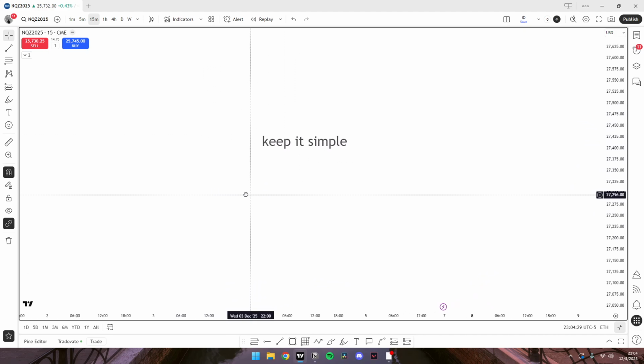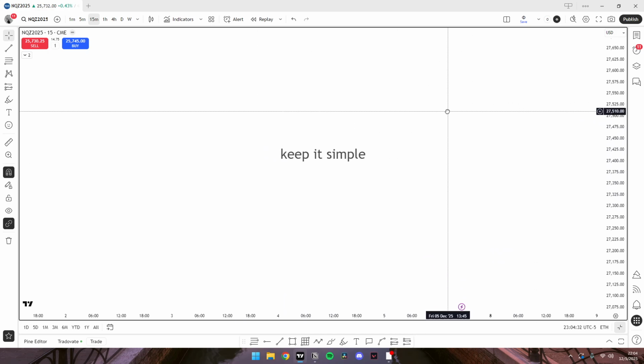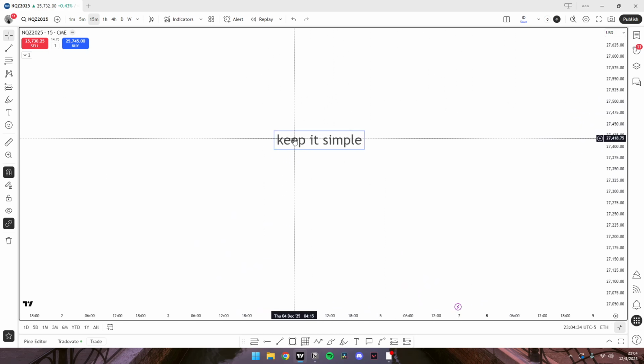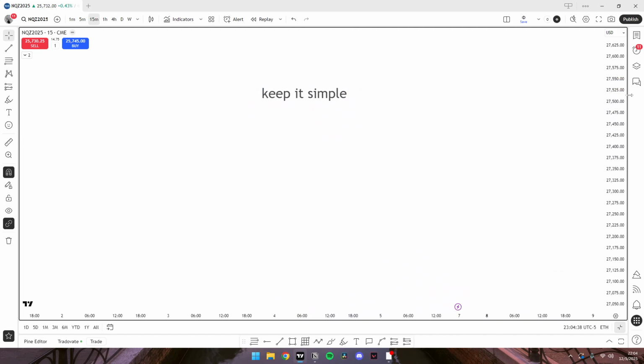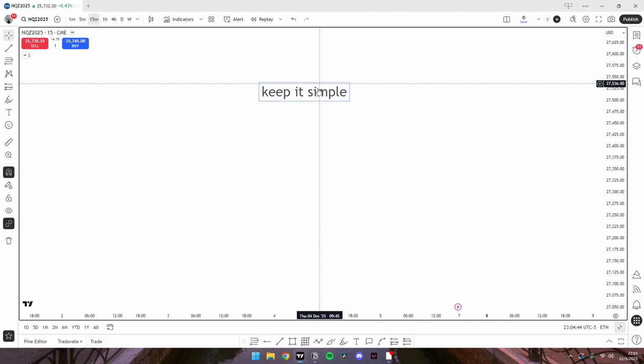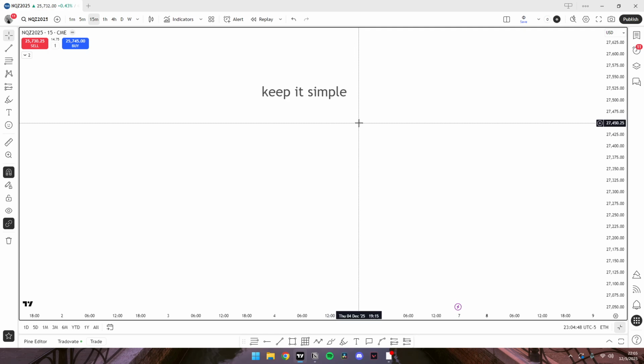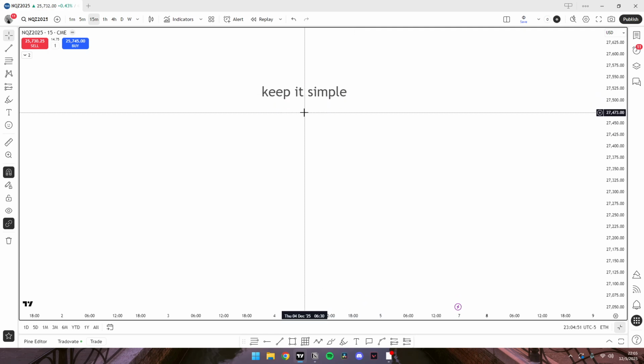Keeping my analysis simple, not having much noise, is so good. You get on, you look at your drawn liquidity, and you just stick to that. You don't think about it too much. You just see what you see. You just follow the path, and you stick to that path no matter what.